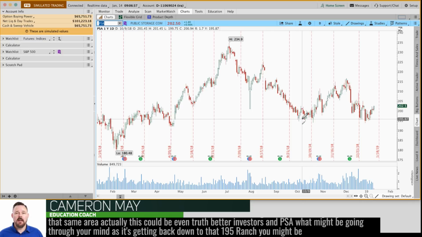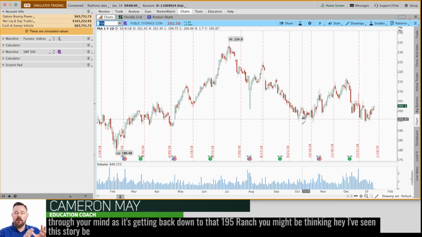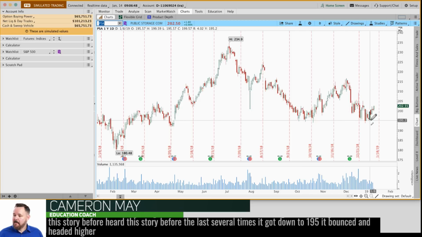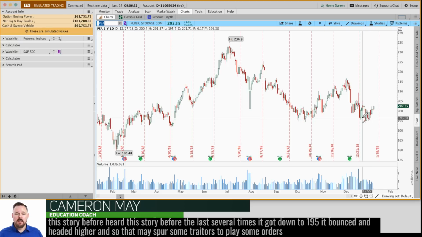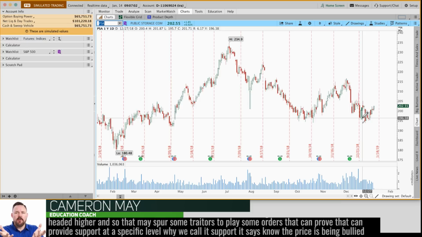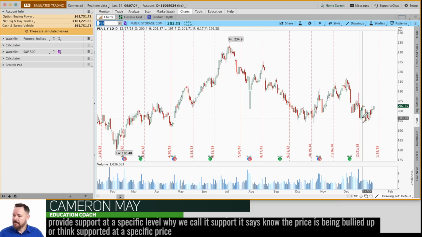You might be thinking, hey, I've seen this story before. I've heard this story before. The last several times it got down to 195, it bounced and headed higher. And so that may spur some traders to place some orders that can provide support at a specific level. That's why we call it support. It's as though the price is being buoyed up or it's being supported at a specific price.